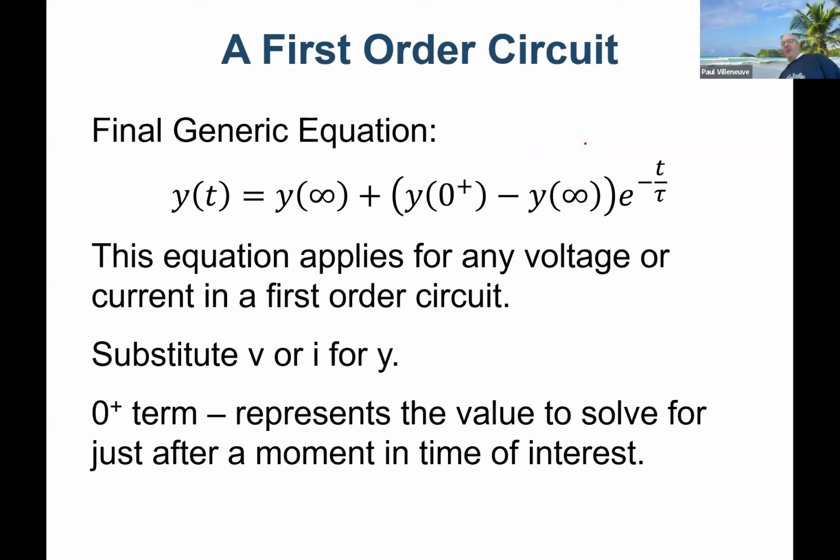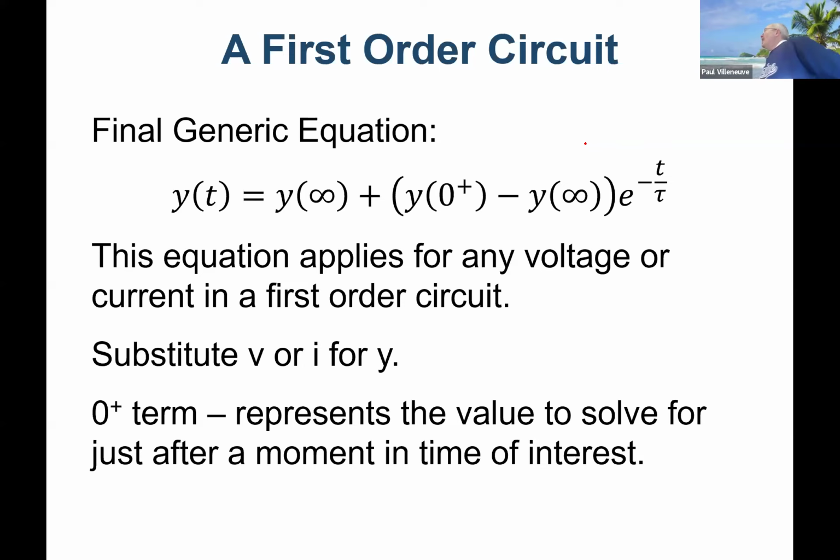So here's our final equation, which has y of t for any time that we're trying to solve for. Our y of t, which again is our voltage or current, is going to be equal to our final or steady state condition, plus our initial condition, and notice it's just after the transition has occurred, minus the final condition.